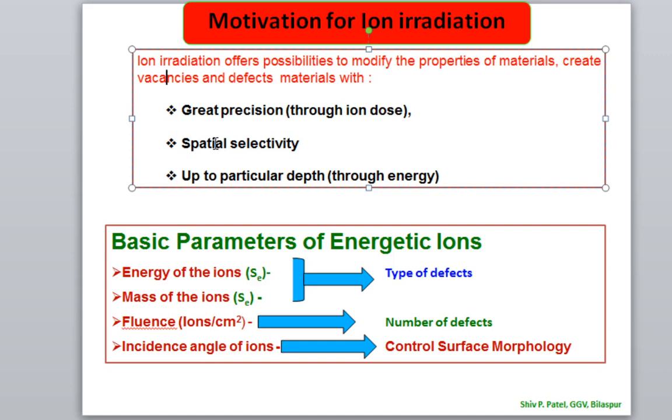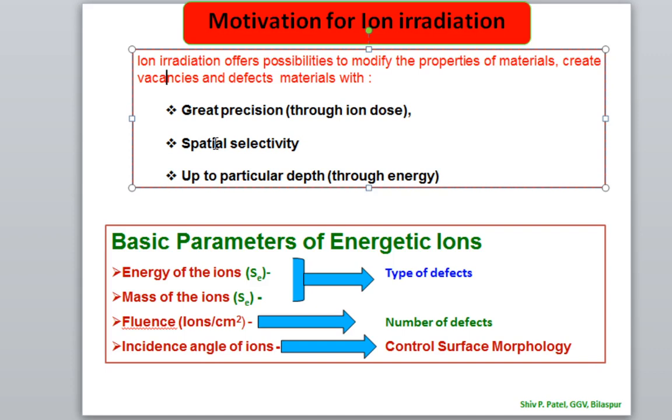If you are using thermal annealing, you have to heat the whole sample. But in ion beam irradiation, as I have discussed in our accelerator lecture, we can increase and decrease the size of the beam. So by focusing, one can do spatial selectivity on the sample.